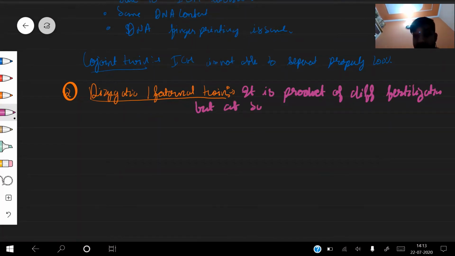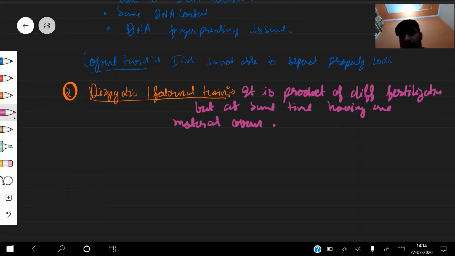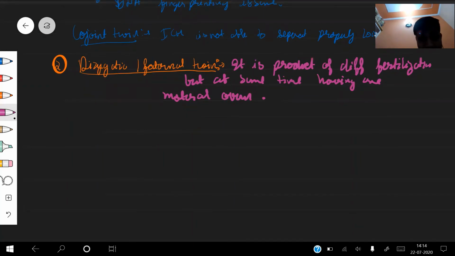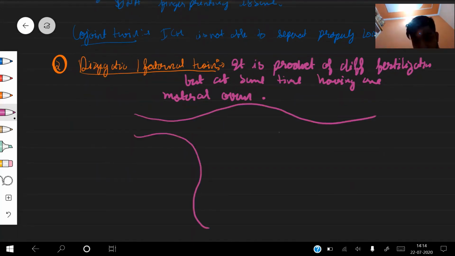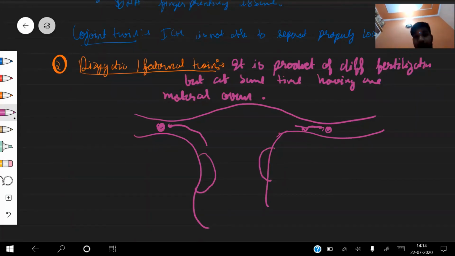One ovum is there and a sperm comes and fertilizes it, and both are fertilized and both start development.